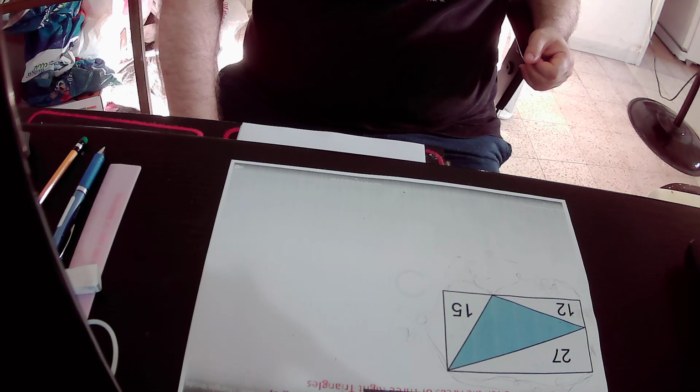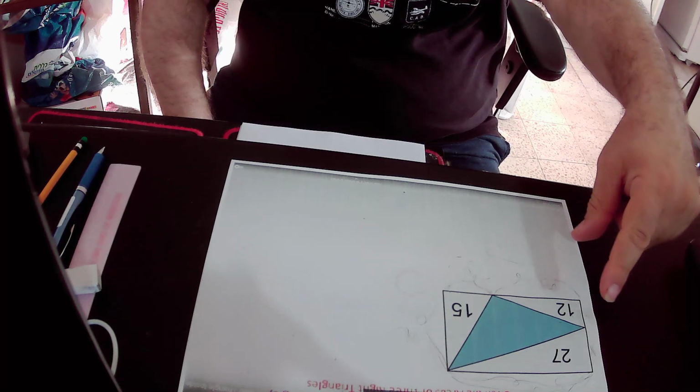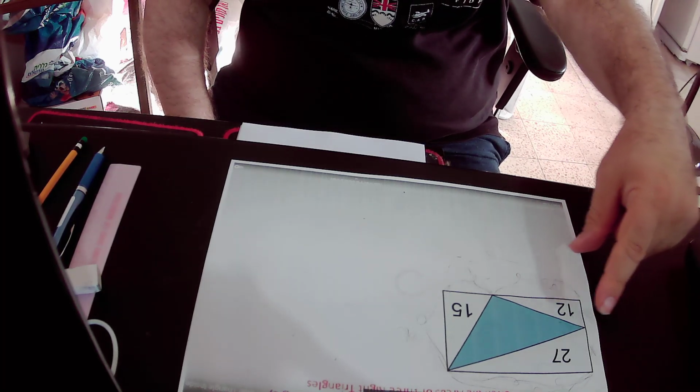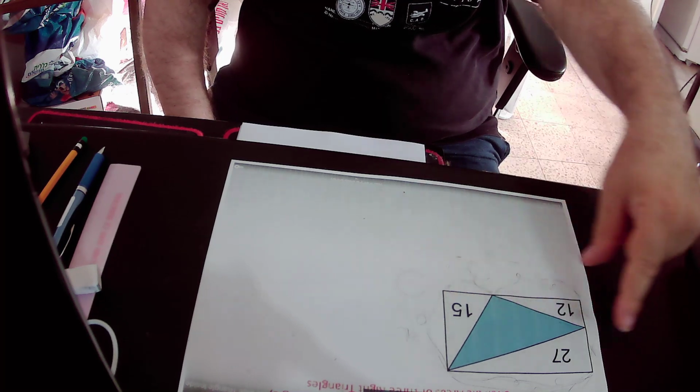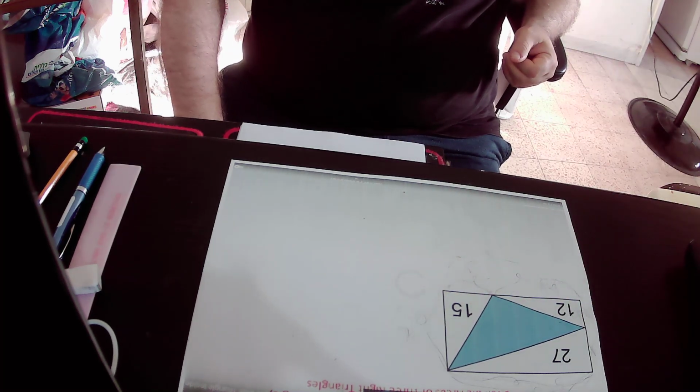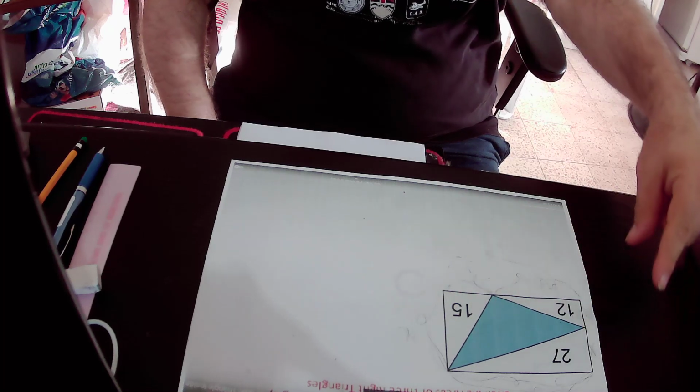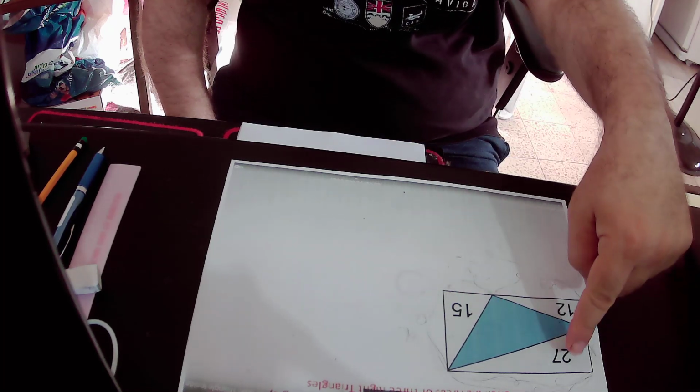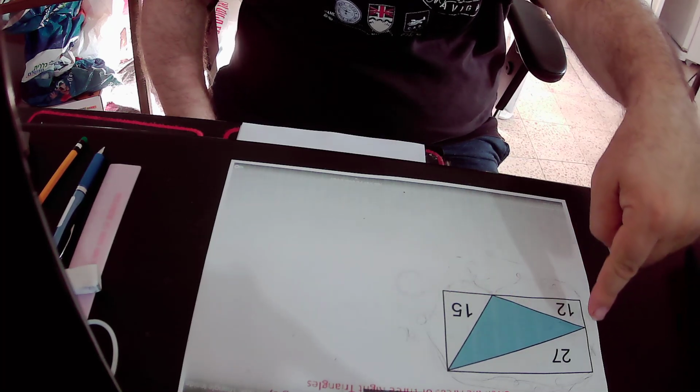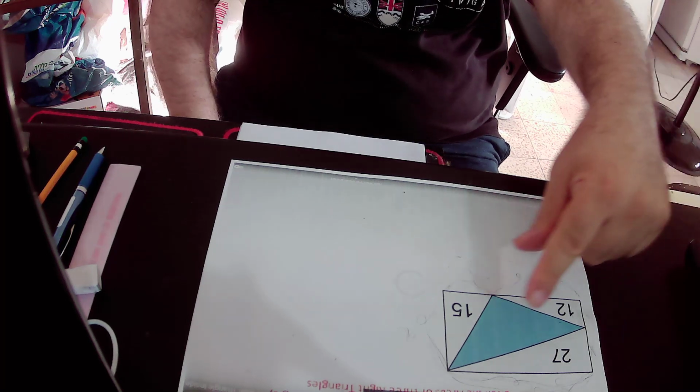So after we find the area of this rectangle, we will subtract from the area of the rectangle the sum of the areas of those three right triangles, and we will get the area of the blue triangle.